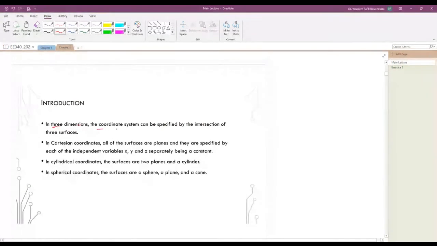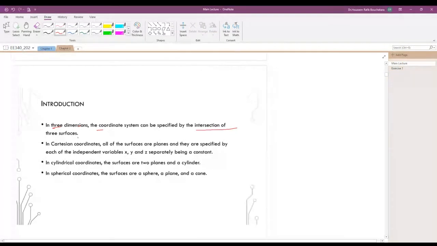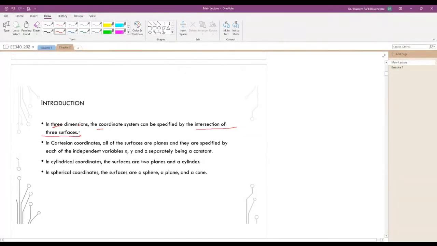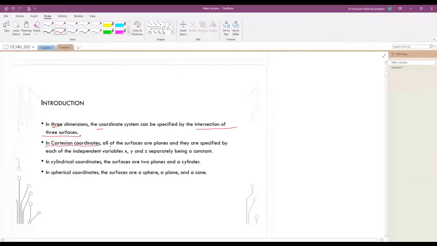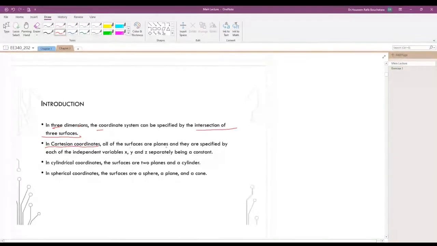In 3 dimensions, the coordinate system can be specified by the intersection of 3 surfaces. For the Cartesian coordinates, all of the surfaces are planes.